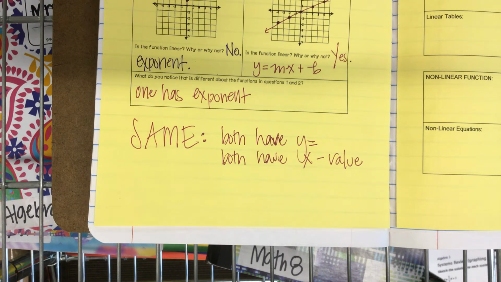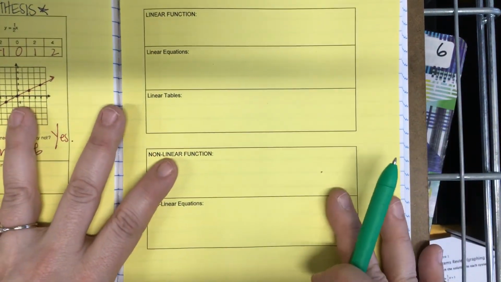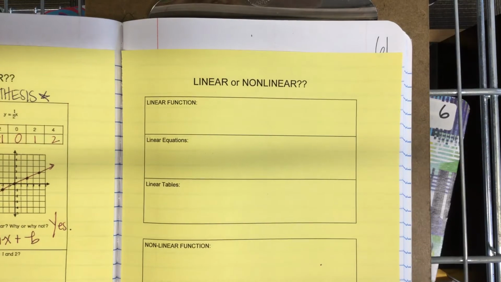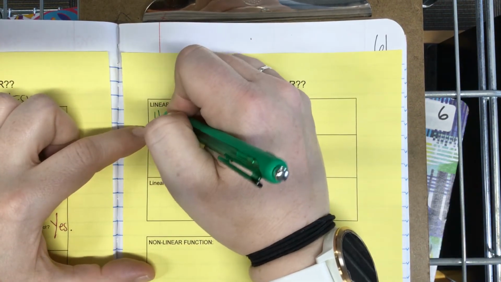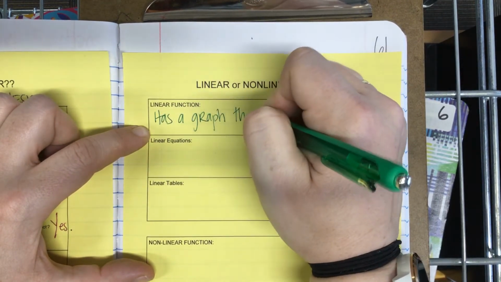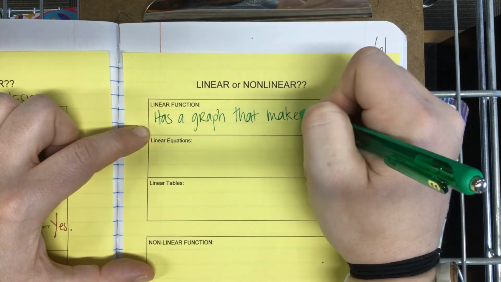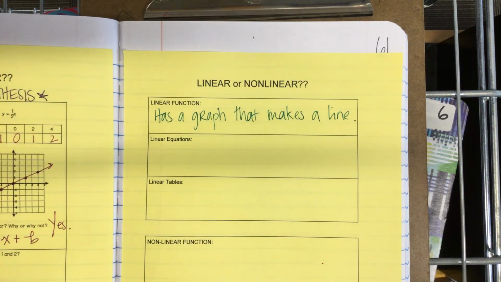So let's talk about linear versus nonlinear. Let's fill in these notes over here. Linear functions. A linear function has a graph that makes a line.